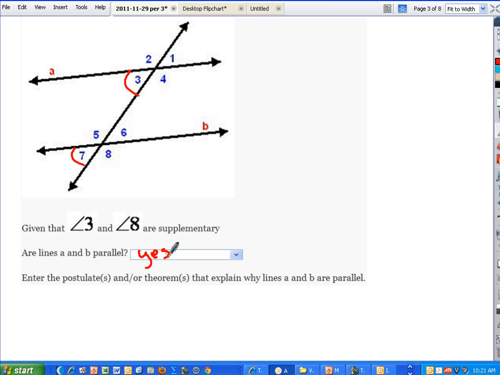Well, 7 and 8 are supplementary by what? Linear pair postulate, and if 3 and 7 are congruent, then it makes these lines parallel by what? Corresponding angles converse.